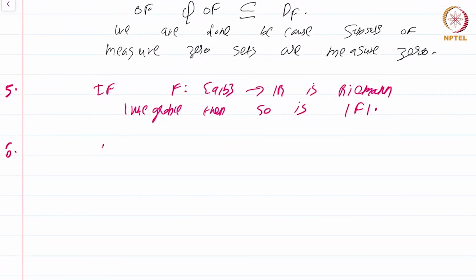6. Let a less than c less than b. Suppose f from [a,b] to R is Riemann integrable.